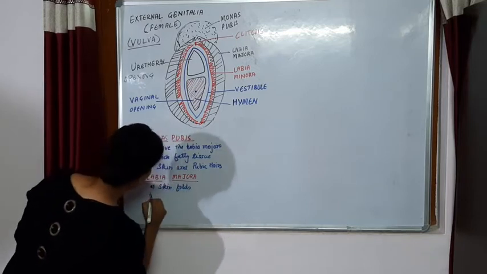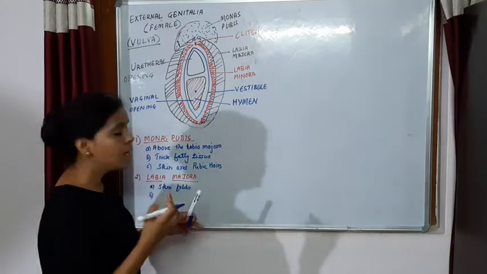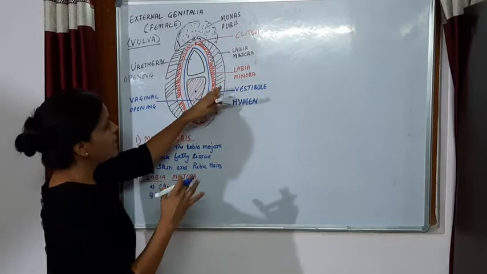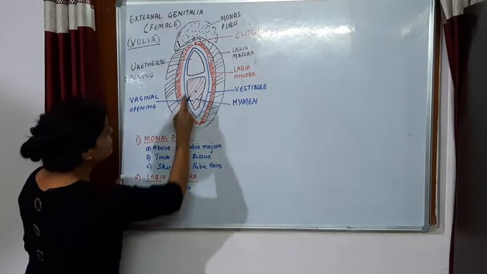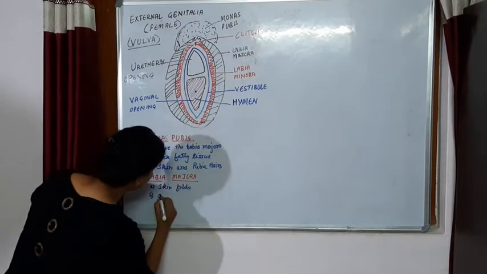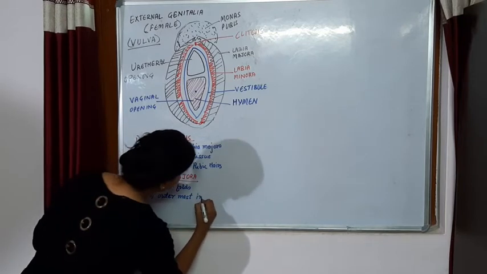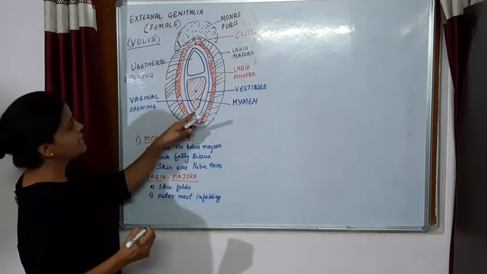Second point is, labia appear like lips, and majora, why? Because, as I told you, it is larger as compared to the labia minora. Now labia majora is the outermost infolding of the external genitalia, right?